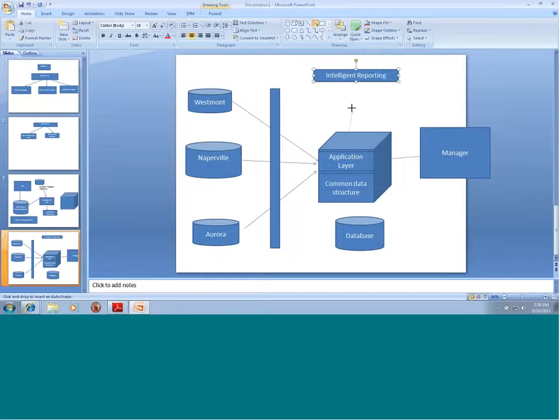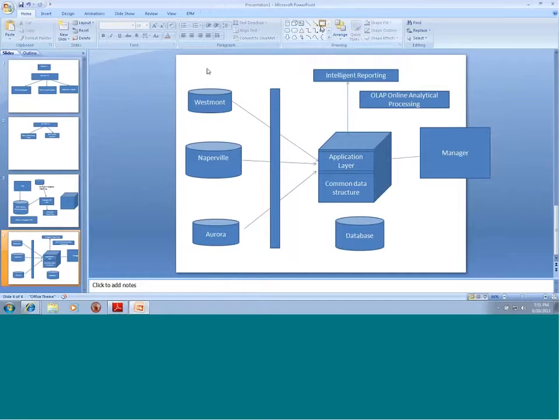So this is the concept of data warehousing: bring all the data into a common platform, into a common structure. This system is also referred to as an OLAP system. OLAP stands for Online Analytical Processing. That's the other name for a data warehousing system.